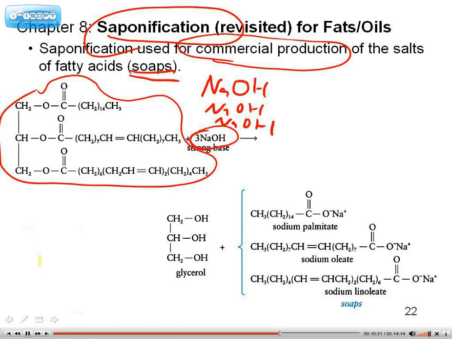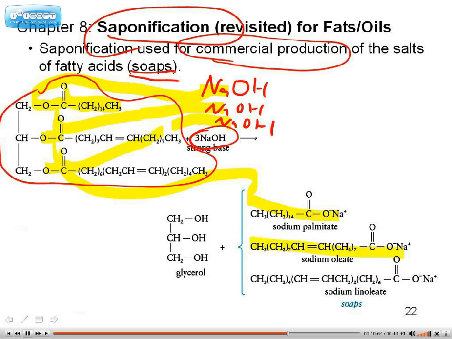In this case, the sodium is going to go ahead and combine with the carboxyl group over here, and it's going to form the 3 what we call acid salts.